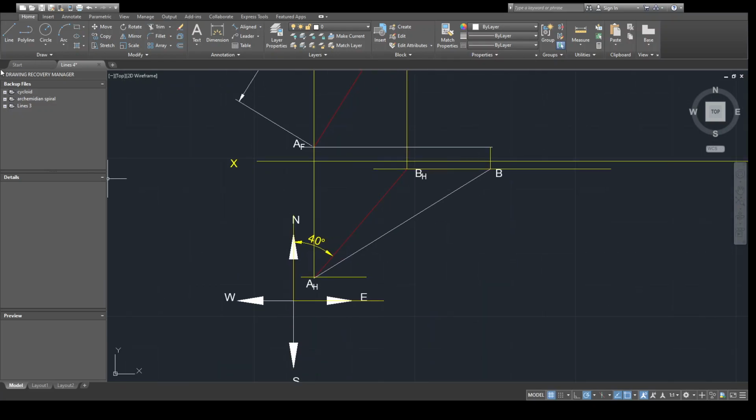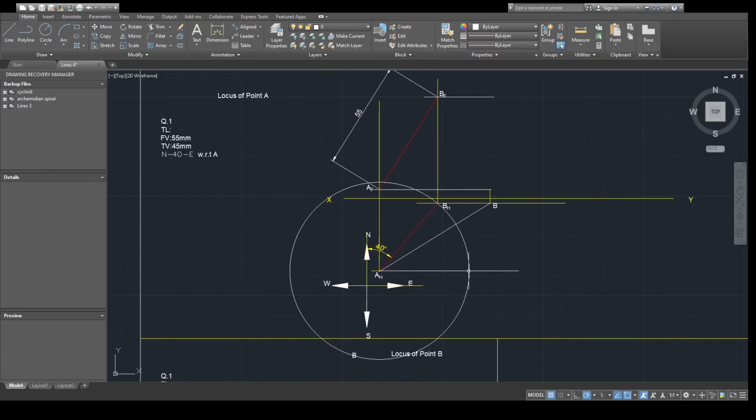If you want, I will extend this line. Okay, now rotate this. So I will rotate this. Better I will draw circle because that is simple. Center point, and this is the radius. Yes.